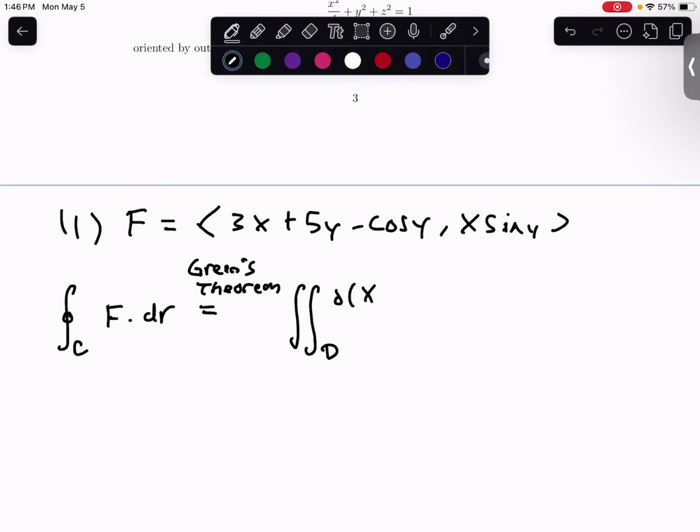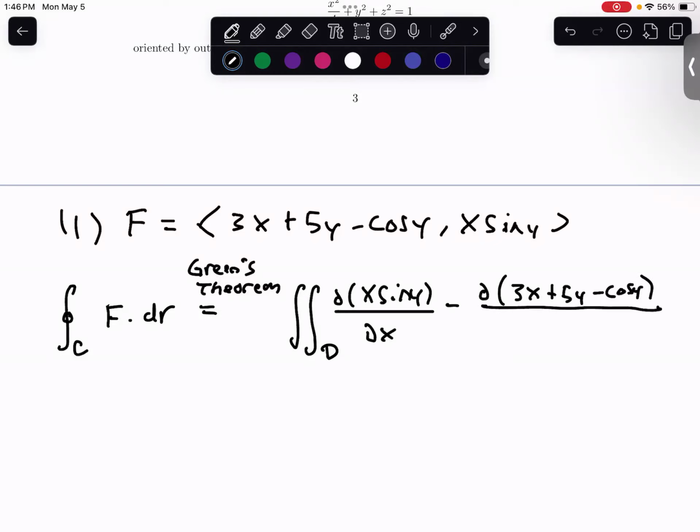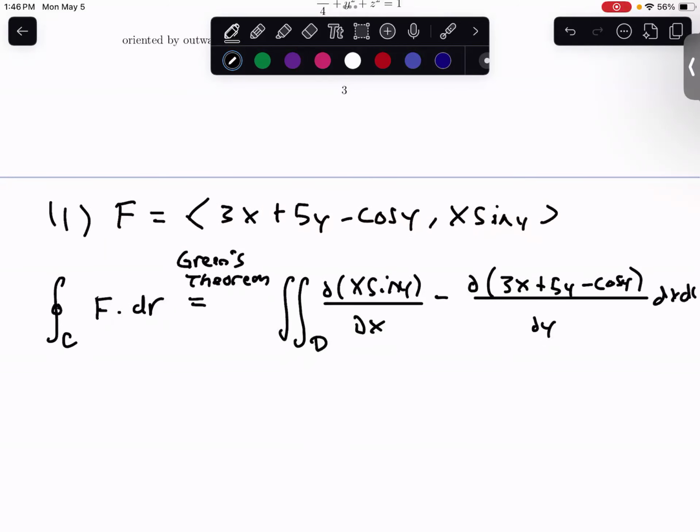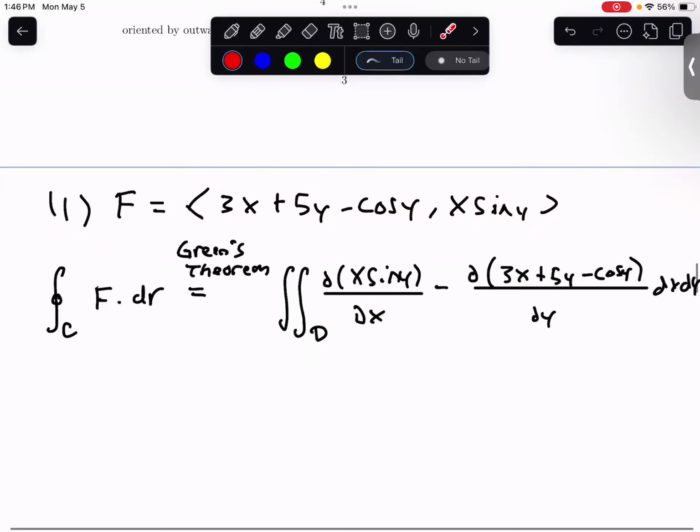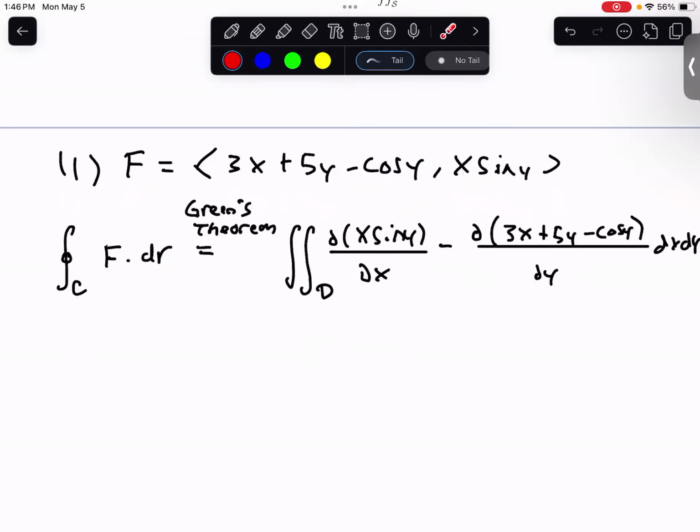So it's the partial derivative of x sine y with respect to x, subtracted by the partial derivative of the first component with respect to y. And then this is dx dy. Not that it's going to matter. Again, we don't know anything about the bounds for x and y. So we kind of have to hope that things cancel out or we get something else that's nice.